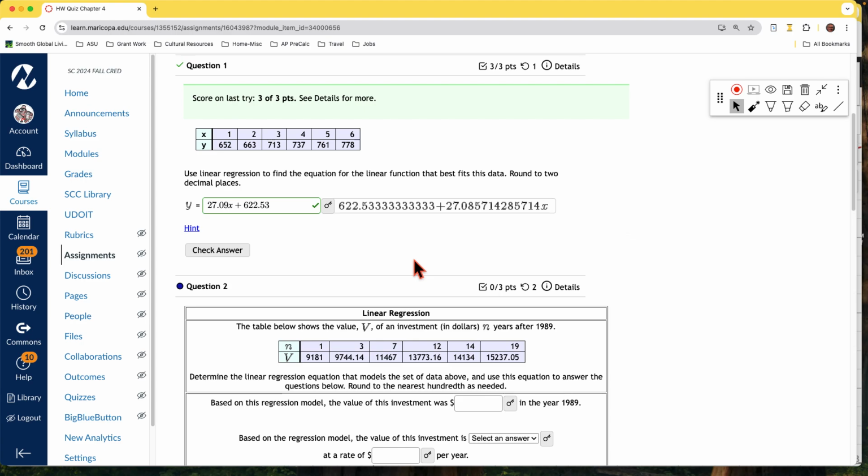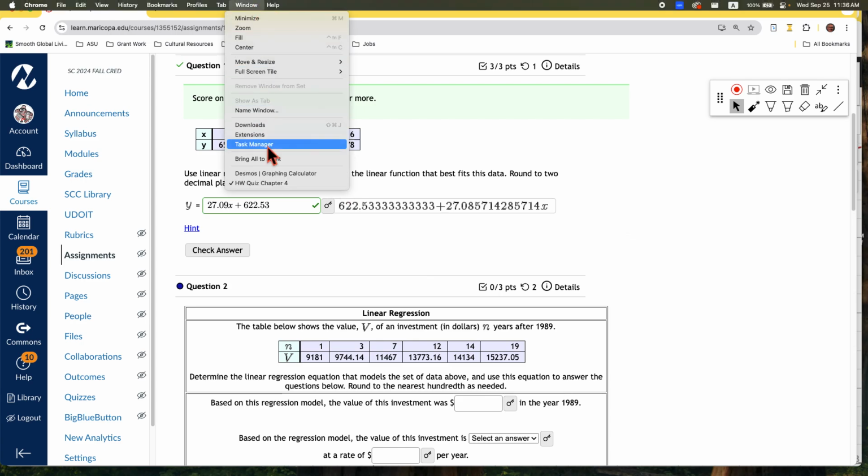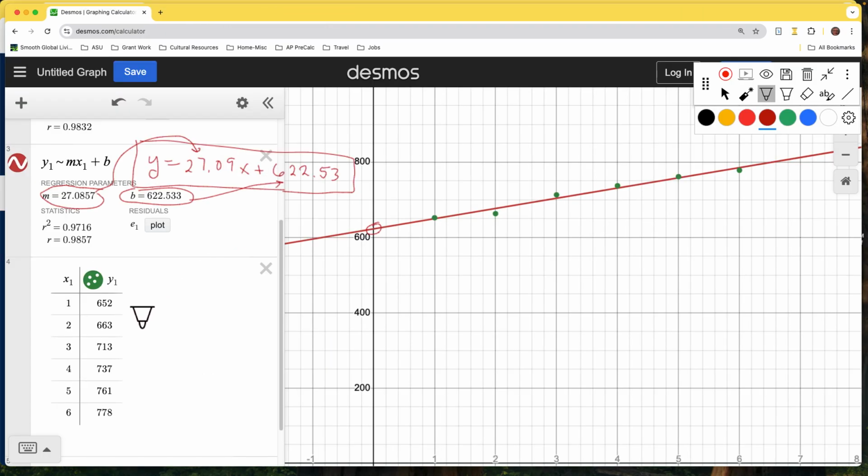Sure. When you fix it with the little wrench, how do you determine? Perfect. Good question. I'm looking at my table here. When I do the wrench, I'm looking at what my y values are. I see they're from 652 to almost 800.